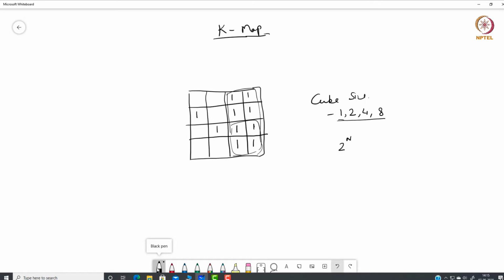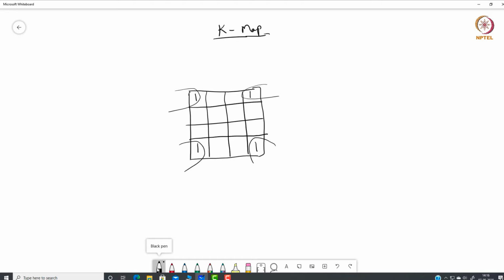If there is a one term present here and another present here, they can also be combined, because terms present in the corners are also adjacent to each other because of the rotatory nature of the K-map. Similarly, if there are min terms in all four corners, all of these 4 can be combined to form one cube.